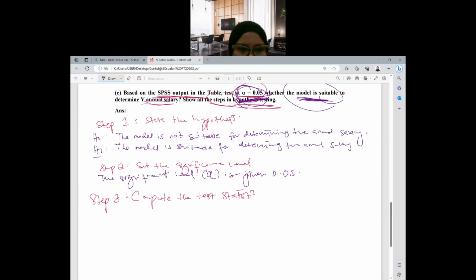From the SPSS output, the F value for the regression model is 8.363. This one is from the table just now.